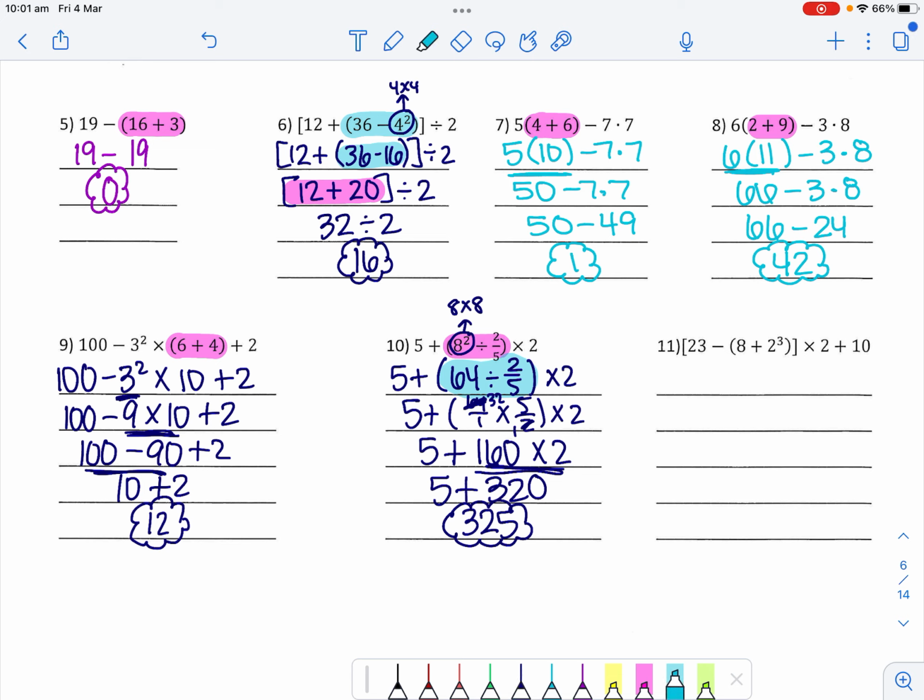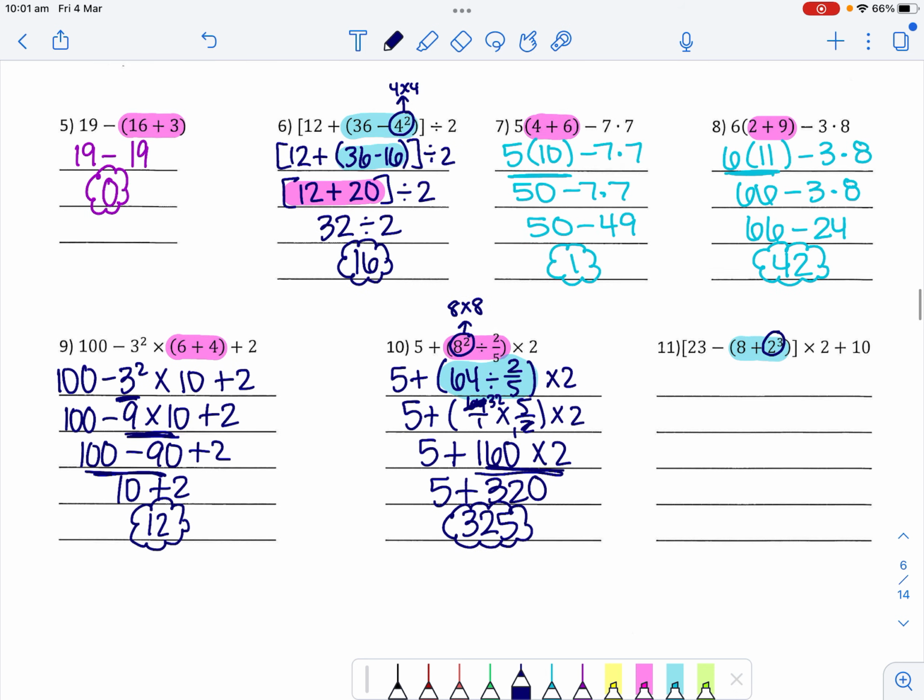Here at the end, I'm going to be inside this grouping symbol right here, and I'm going to be doing my exponent first. So that's 2 times 2 times 2. So my bracket stays 23 minus 8 plus 8 times 2 plus 10. And then I'm inside here still, so 8 plus 8 first.